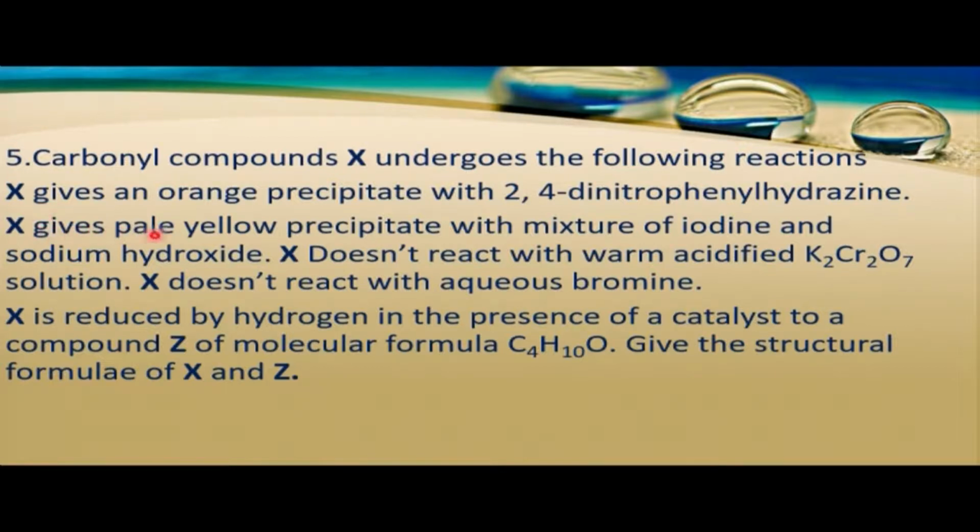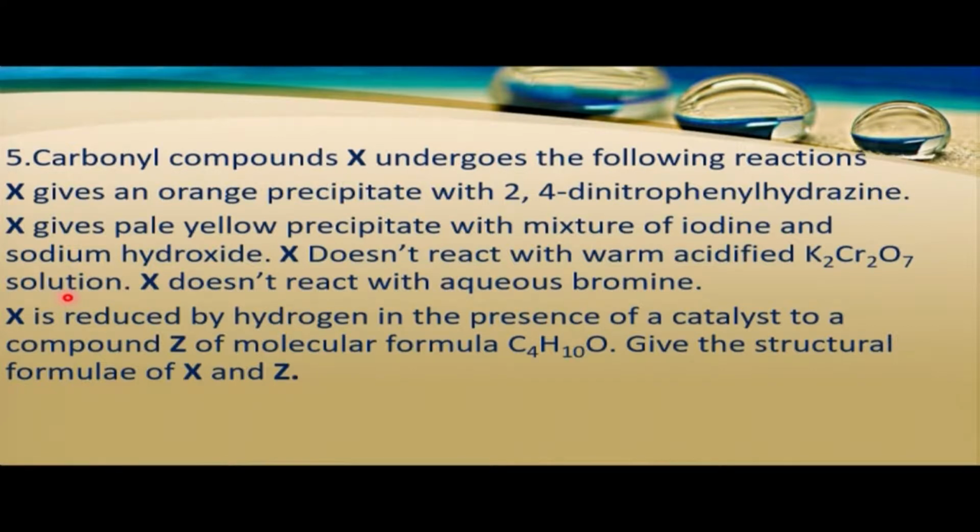X gives a pale yellow precipitate with a mixture of iodine and sodium hydroxide. We know the purpose of using this mixture in the chemical tests. And then X doesn't react with warm acidified potassium dichromate solution. We know the substances which cannot undergo oxidation.